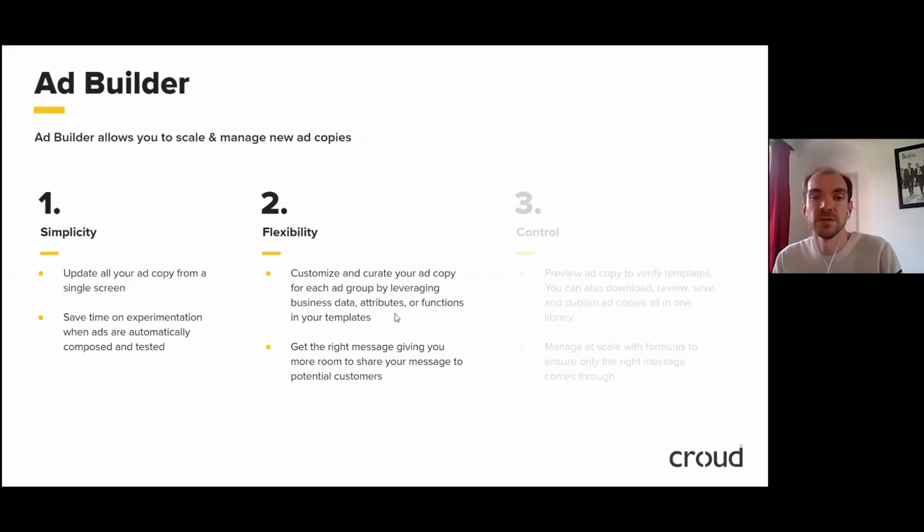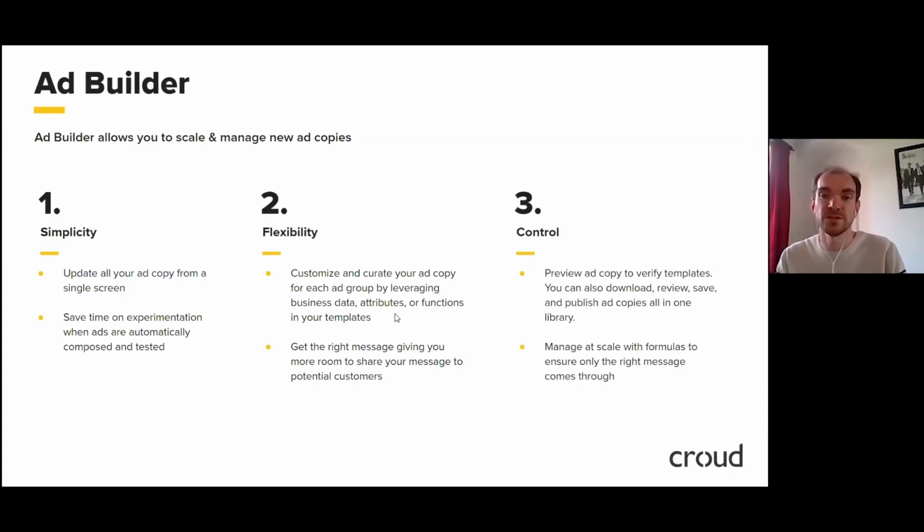You could have a headline that automatically updates the price or gives you, for example, a date. And you can then verify and check the ad copy before you push those ads live.